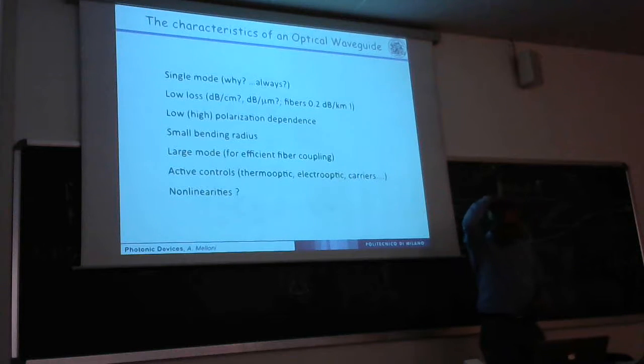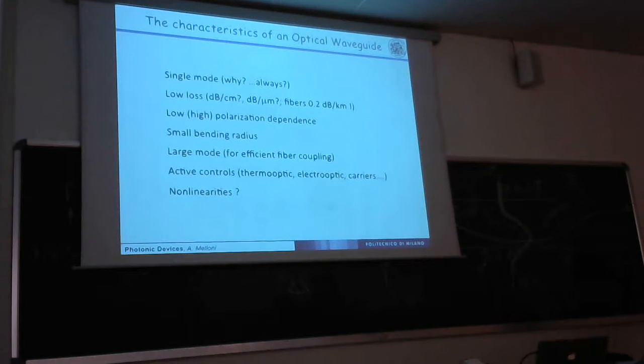So at this point, we have seen a lot of things, and one can ask, which is the best waveguide? Which are the characteristics of an optical waveguide? Well, it depends on what you want to do, but these are at least a good list of the characteristics that you want from a waveguide. And the characteristic that you want really depends on the application that you have in mind.